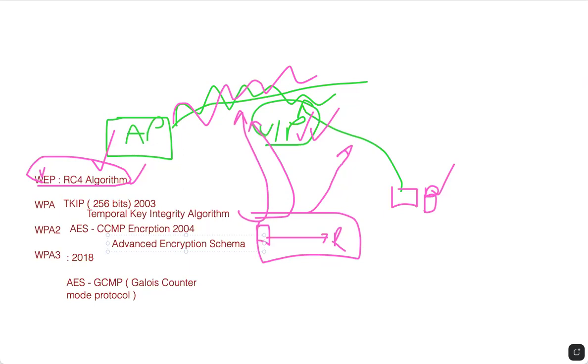It uses Galois Counter Mode Protocol, and it's the most secure till now. Yeah, that is correct. And the full form of WPA is Wi-Fi Protected Access. So WPA2 uses AES CCMP, and WPA3 uses AES GCMP.